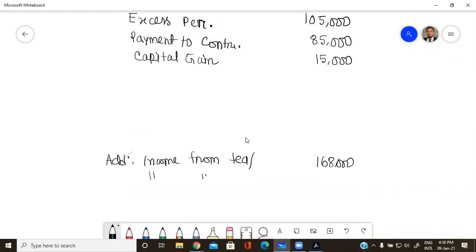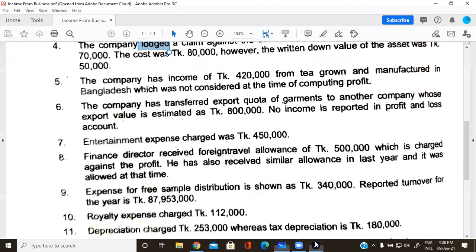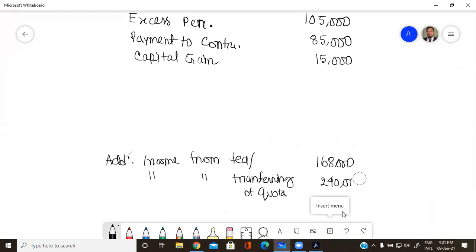Income from transferring quota. 3% of which amount? 800,000. 3% of 800,000 is 24,000. Okay, let's continue.